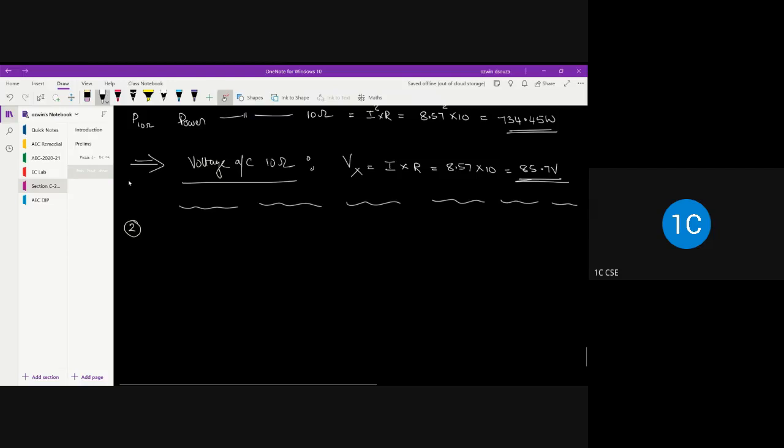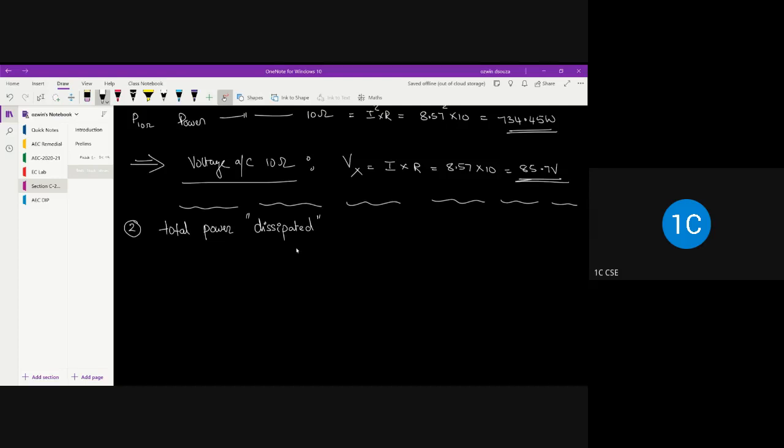So it says, if the total power dissipated... dissipation is the synonym for consumption. Power consumed in a circuit or power dissipated in a circuit conveys the same meaning.